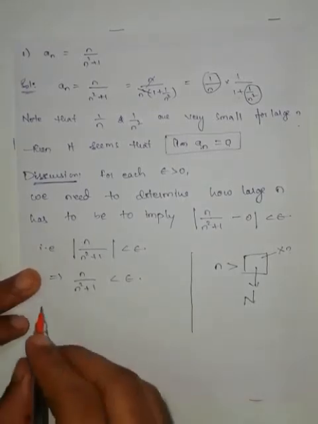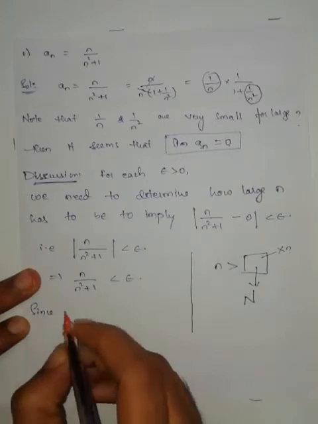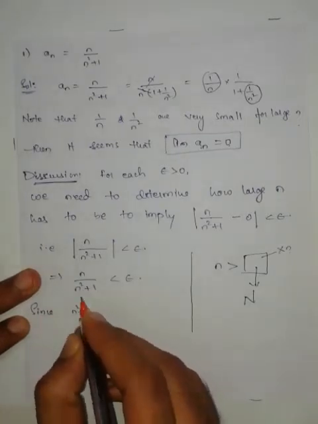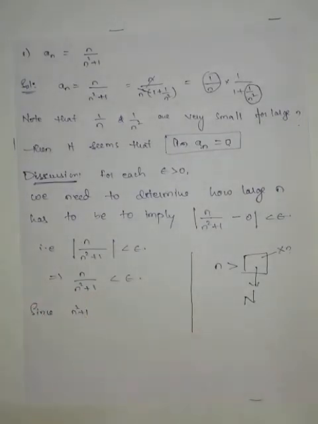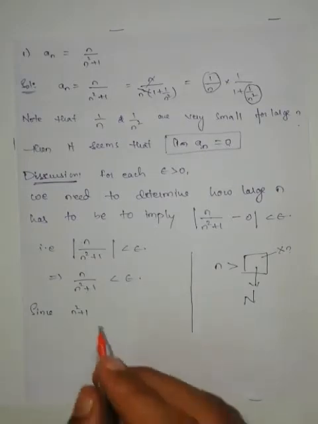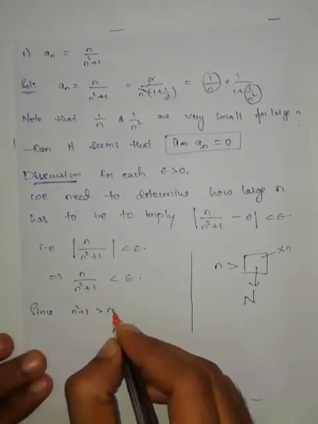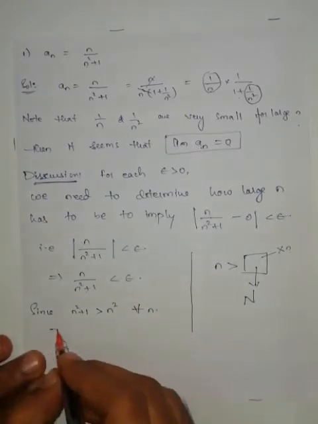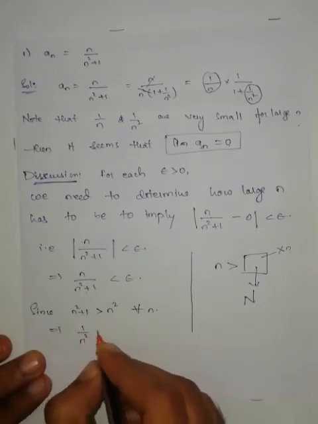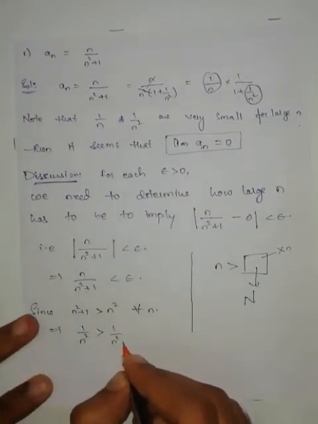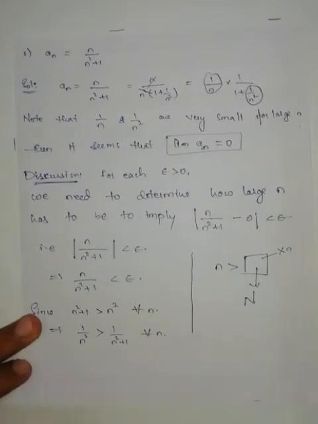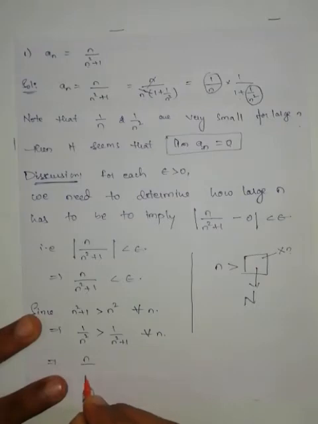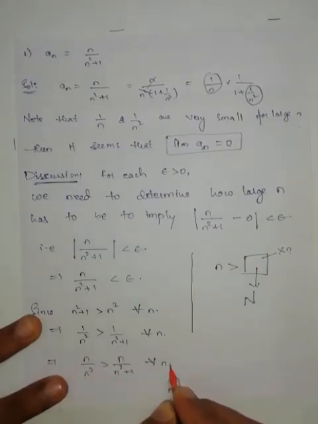So how can I say, since n square plus 1 is in the denominator, I am going to take its lower bound. This one is greater than n square for all n. Now cross multiply, 1 by n square is greater than 1 by n square plus 1 for all n. Now multiplying both sides with n, n by n square is greater than n by n square plus 1 for all n.